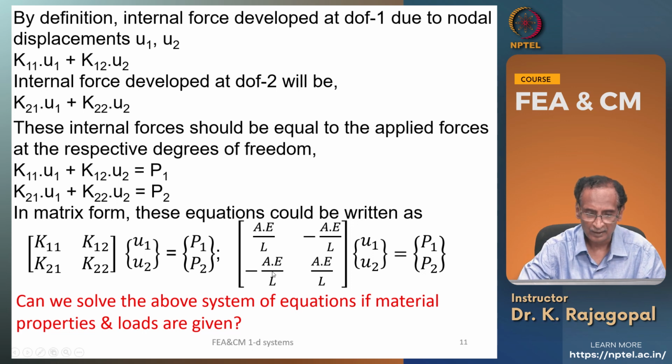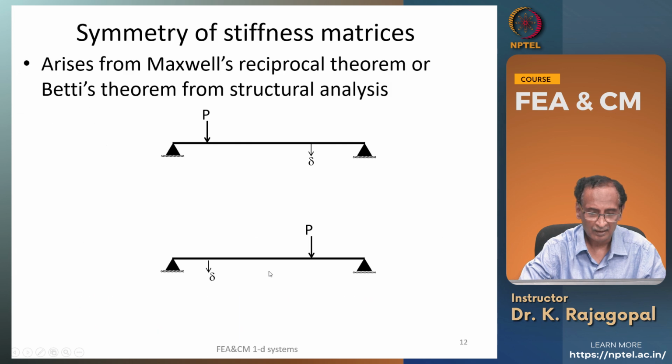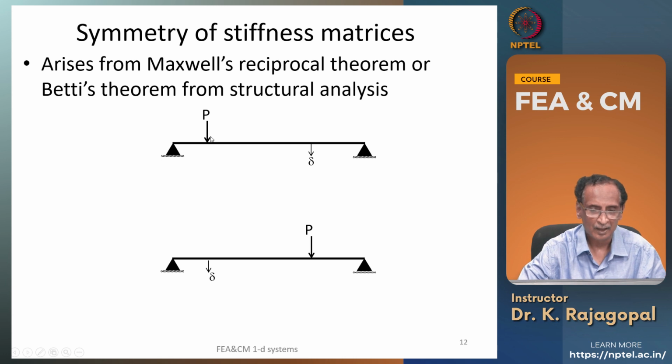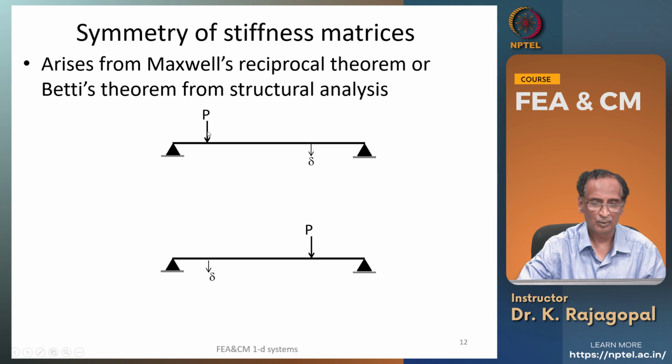See, K12 and K21 are the same, minus AE by L, and this symmetry we can understand by looking at the reciprocal theorem, Maxwell's reciprocal theorem. That is, if you have a structure with a load applied at one point and you measure the displacement at some other point, or apply the load at the other point and measure the displacement at this point, the delta should be the same.